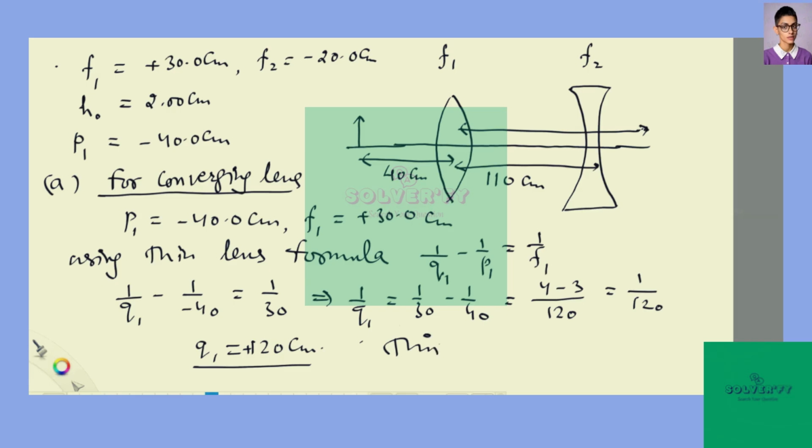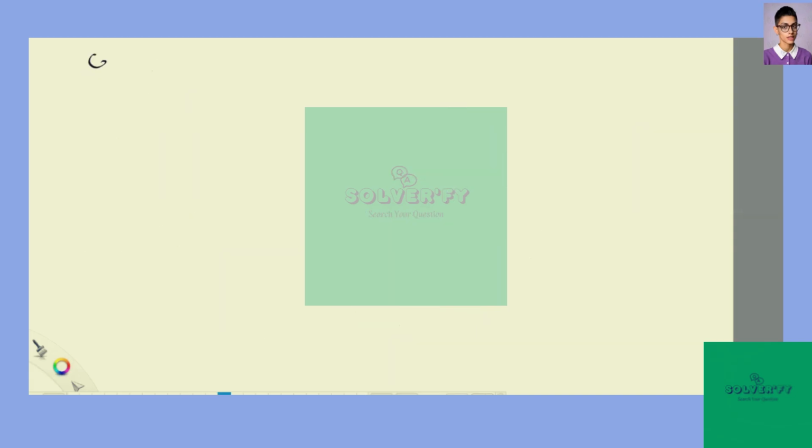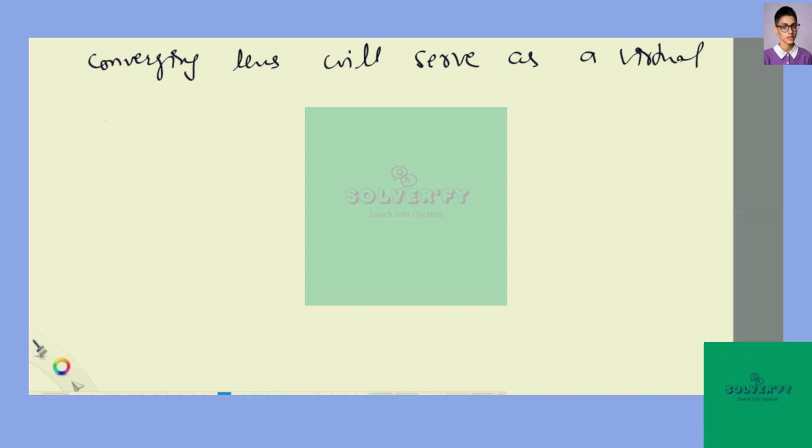This image formed by the converging lens will serve as a virtual object for the diverging lens.